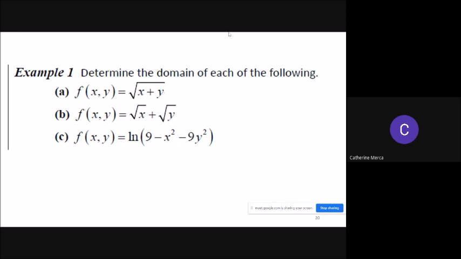So, x plus y should be greater than or equal to 0.